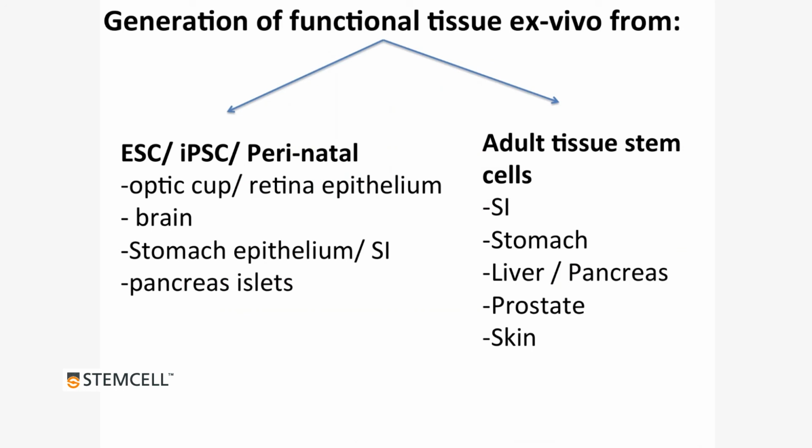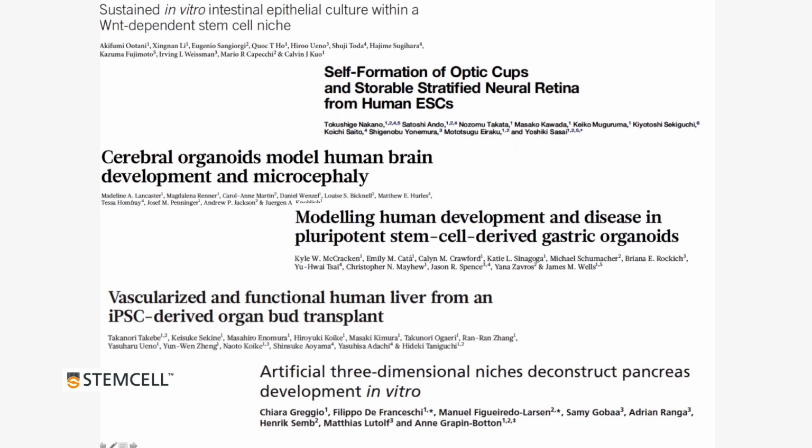And here we have a summary of most of these papers that have been breakthroughs in the field, from being able to grow cerebral organoids from the Knoblich lab, to grow, of course, optic cup structures from Sasai's lab, or in our case as well, these studies have all been centered on starting from embryonic stem cells or iPS cells, or in the case of Anne Grapin-Botton, she also started with embryonic pancreas and constructed a very nice pancreas development culture in vitro.